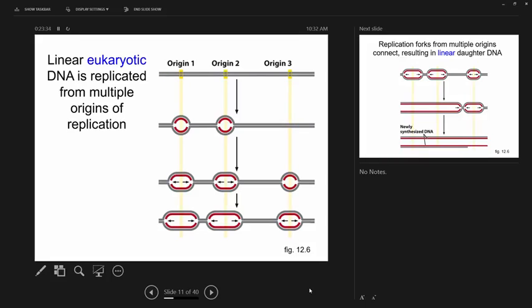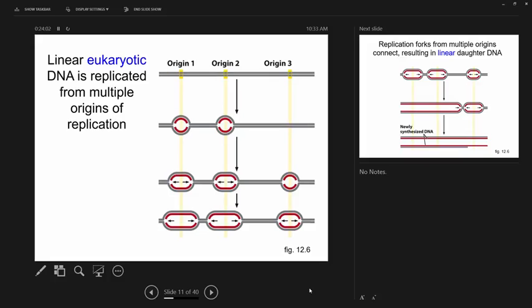All of these fire or start replication, if they're going to, during S phase. Here you have these two starting and they move together. Just like in prokaryotes, you have two replication forks, one here and one here, for each replication bubble. Each replication bubble contains two forks, and they move apart, getting closer and closer.